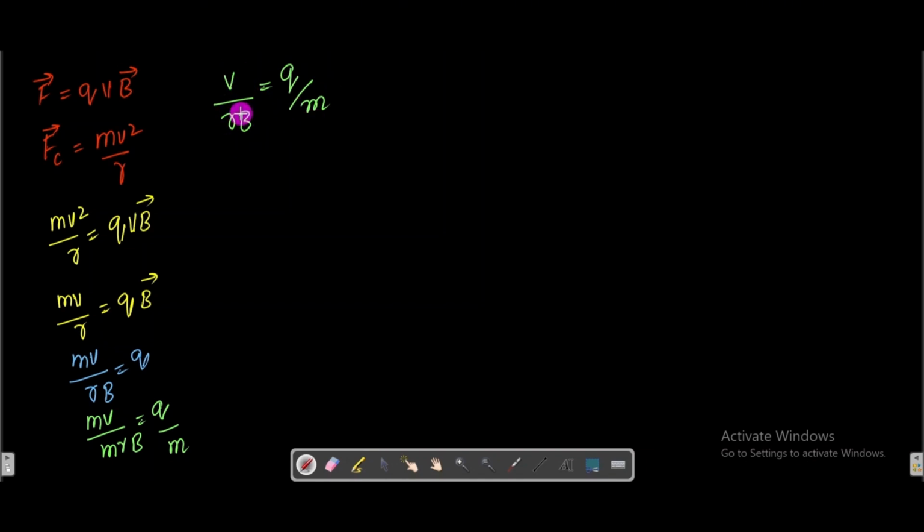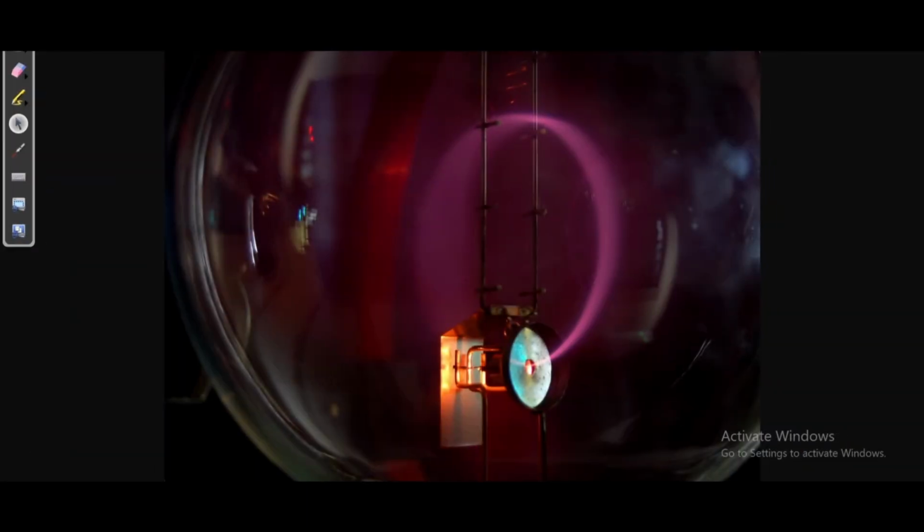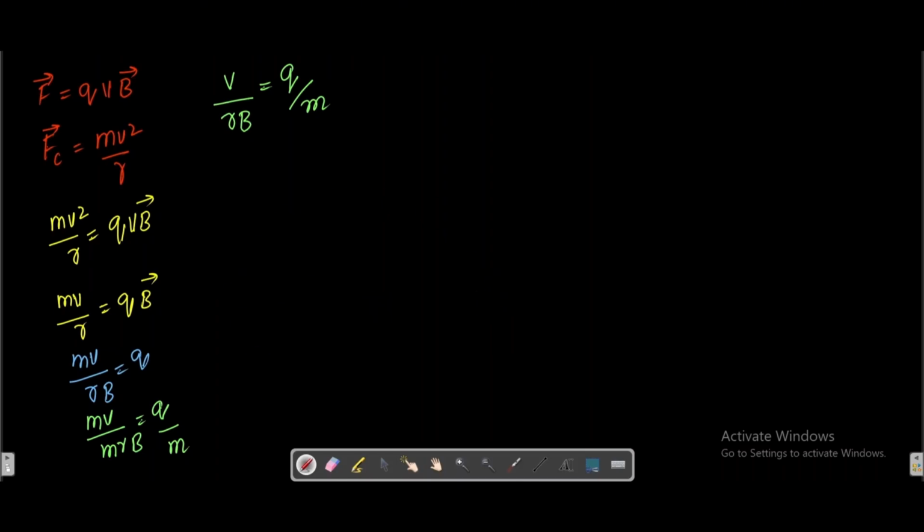For finding the velocity, the kinetic energy of the electron is given by one half mv square, and its potential energy is given by qV. So we can write kinetic energy, one half mv square, is equal to qV, where V is the potential provided to this device.